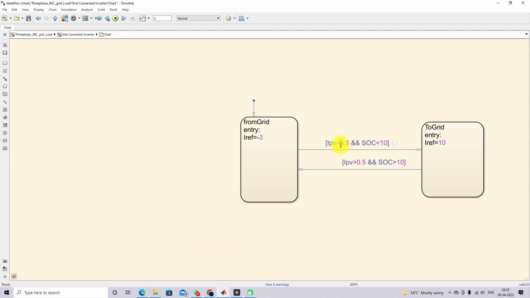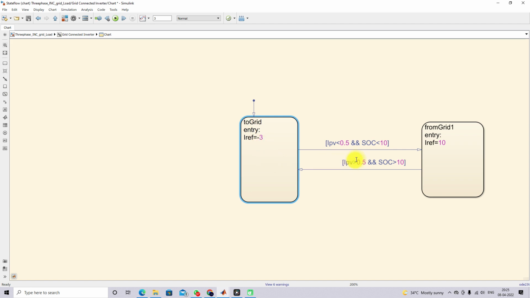Here you can see that if IPV is less than 0.5 and SOC is less than 10, the I reference we are fixing is 10. That means we are getting power from the grid. The other case is where we are sending power to the grid.